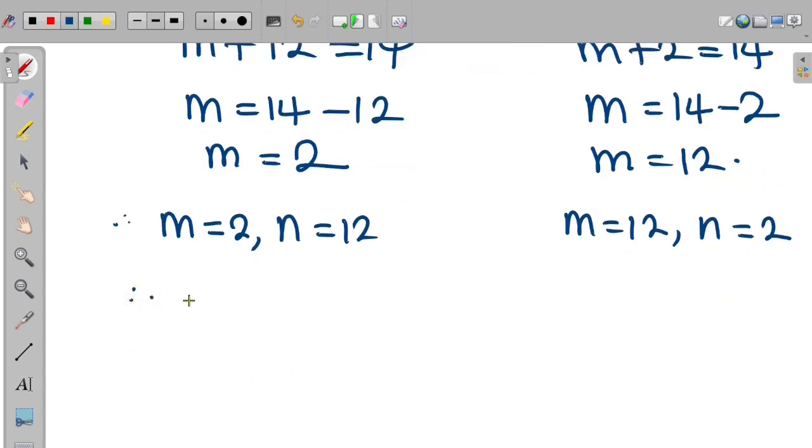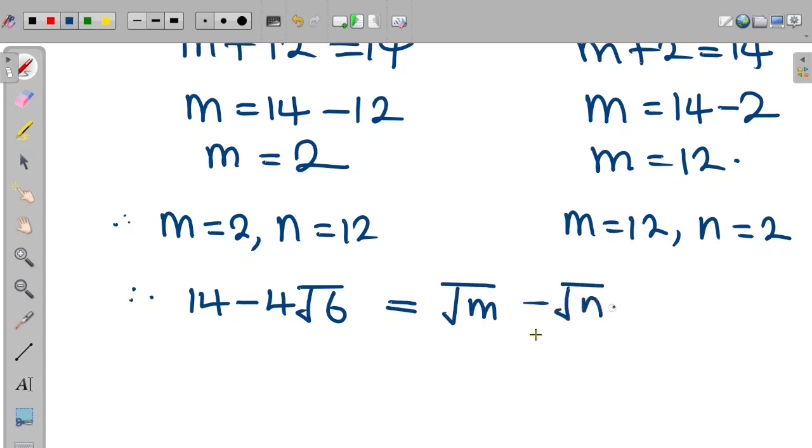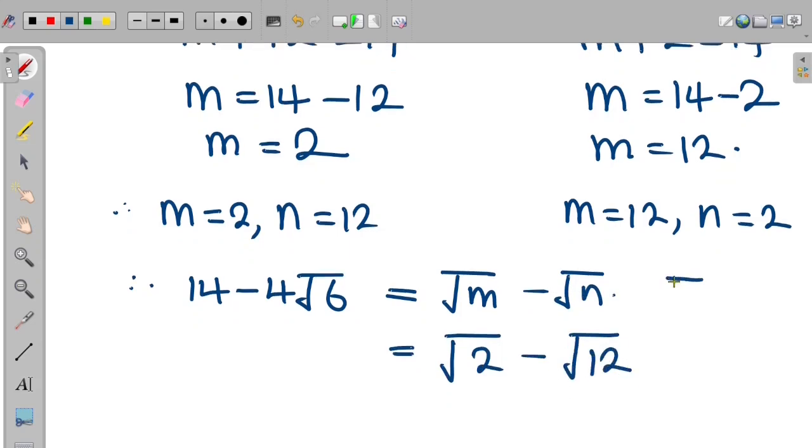So therefore, the square root of 14 minus 4 root 6 is giving us root m minus root n. So this will be equal to root of 2 minus root 12, but root 12 can be simplified to be 2 root 3.